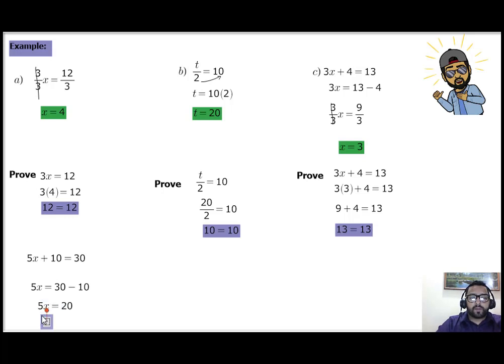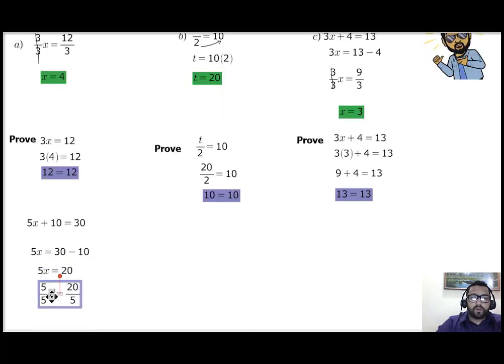Then we divide by 5 on both sides, we have 5 over 5, x equals 20 over 5. And you are going to get 4. Remember, when we divide 20 divided by 5, it's going to be x equals 4. And we finish with the linear equation.